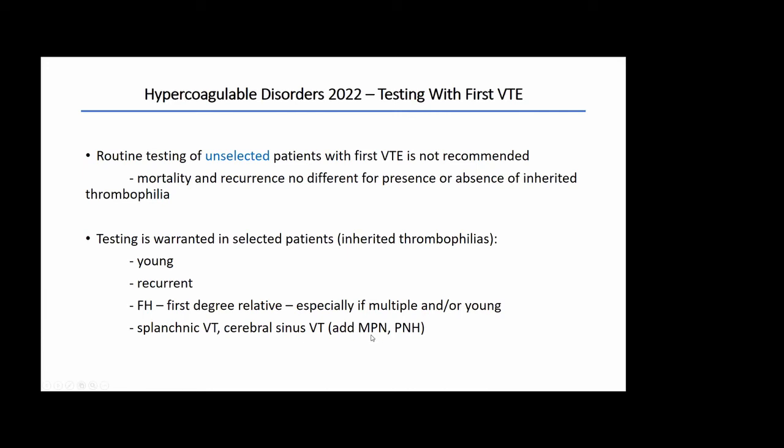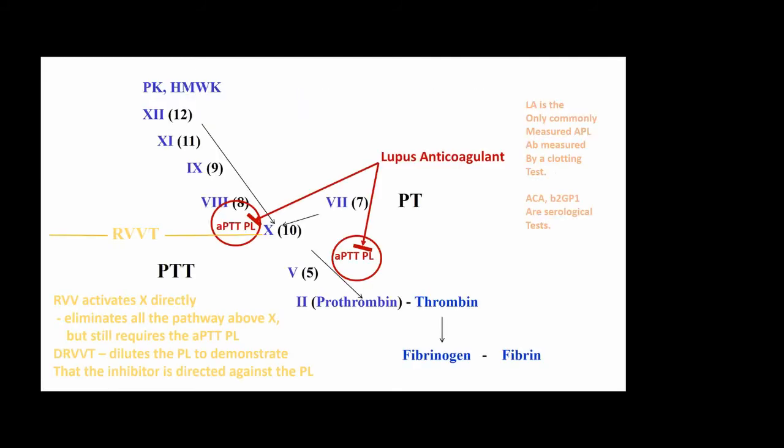And in these cases, in addition to the workup that we're spending most of the time talking about, we should check for myeloproliferative neoplasm or PNH, because for unclear reasons, these two families of disorders result not only in hypercoagulability, but in intra-abdominal or visceral and intracerebral venous thromboses much more often than other groups of disorders.